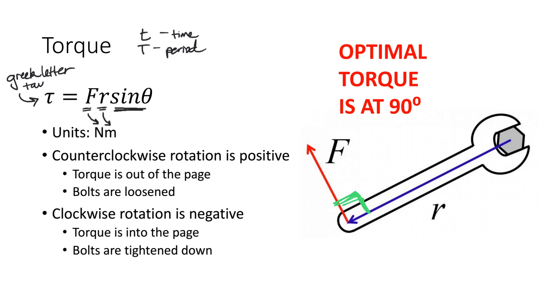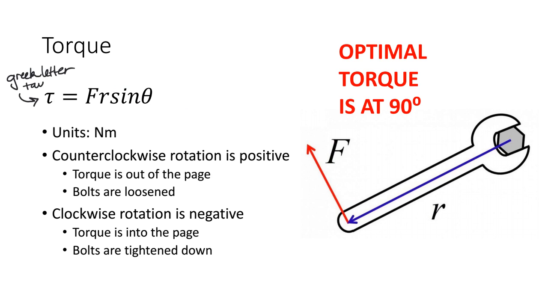So in the equation, you would say sine of 90, which is 1. So if it's at a 90-degree angle, it typically doesn't include the angle in the problem because you can assume that it's just going to be the sine of 90 or 1. And you can effectively ignore this part of the equation since it's just multiplying by 1. If the force is acting at an angle, though, you'll have to include that sine theta.